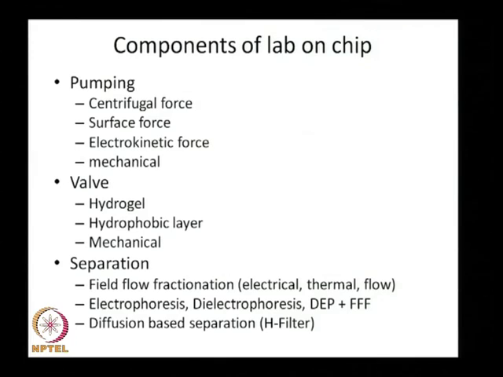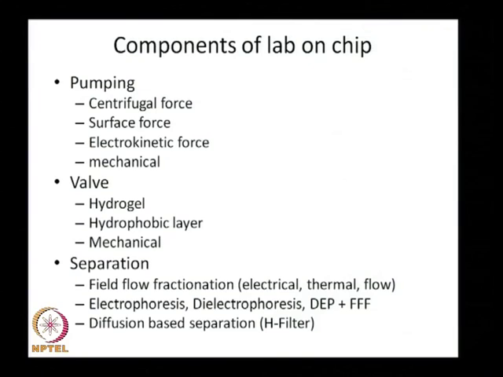The components are, there has to be some pumping element, because reagent and the sample have to be pumped inside the channels which are engraved on the chip. Then there has to be some valve arrangement, some fluid will flow under certain condition and it will not flow if that condition is not met.